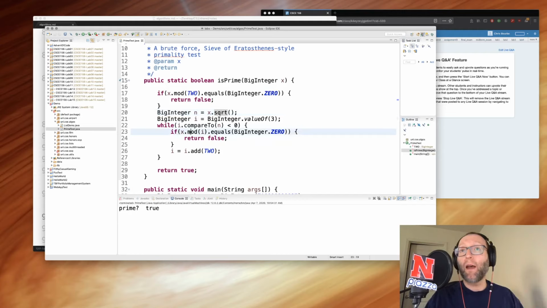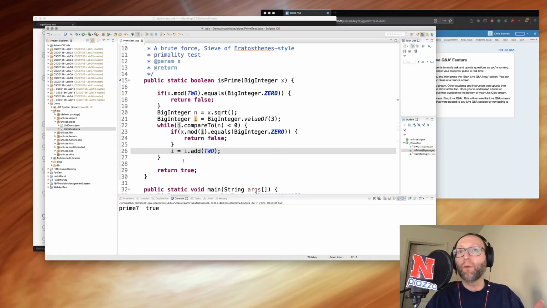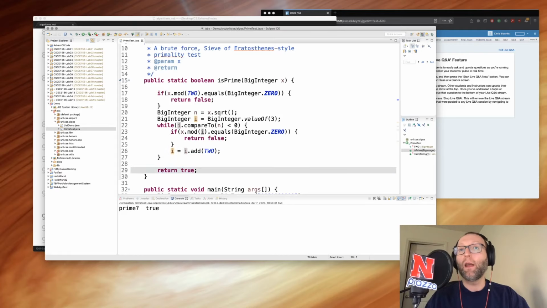If after the modulus operation it equals 0, in other words, it has a remainder of 0, then it is not prime. It is composite because i divides it, and so I output false. And then I increment up by 2. All right. Otherwise, if I get done and tested all the potential divisors and none of them divided it, then it's prime, and I output true.